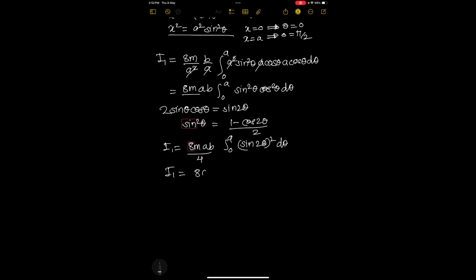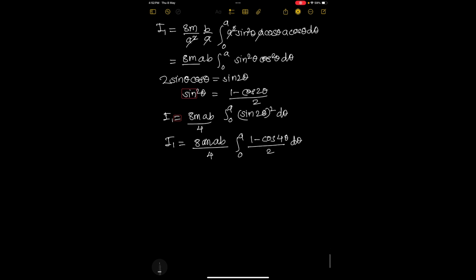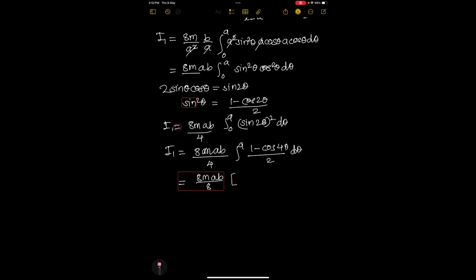I1 is equal to 8m ab by 4, 0 to a, 1 minus cos 4 theta divided by 2 d theta. So this becomes 8m ab divided by 8. Sorry, I have not changed the limits here.